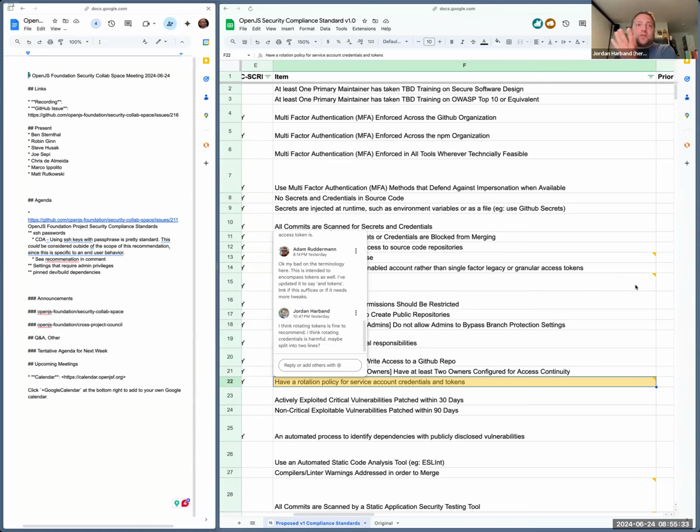The token though, whatever the thing that's actually used in workflows and stuff is, you could argue that that could be rotated. But it's not guessable in the lifetime of the universe or something. So it doesn't seem like it matters too much.